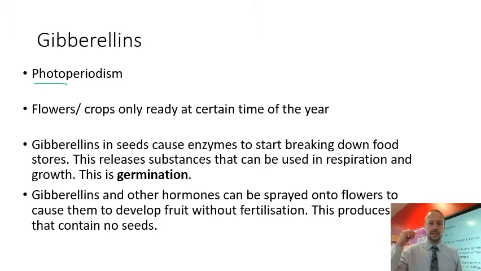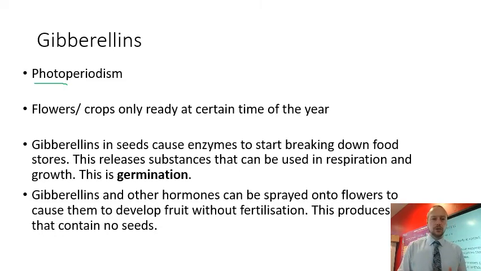So we can get things like roses and tulips and summer fruits in the winter, because of this fact. So gibberellins cause germination, so we can make plants germinate and produce seeds, and seeds that work at any time of the year.